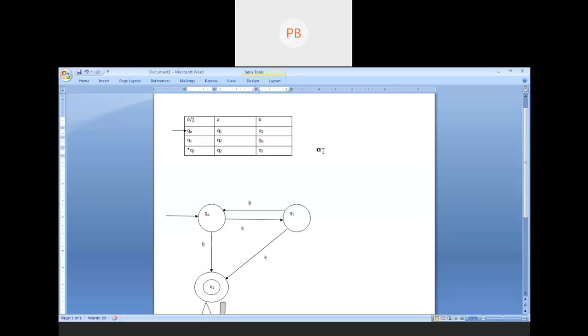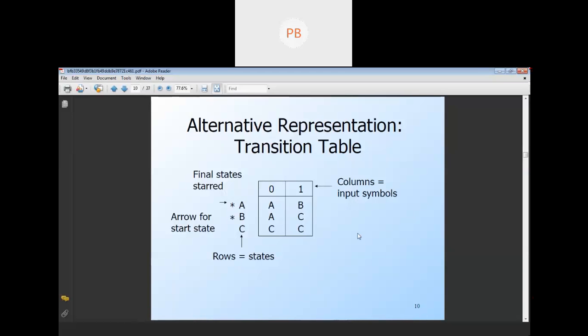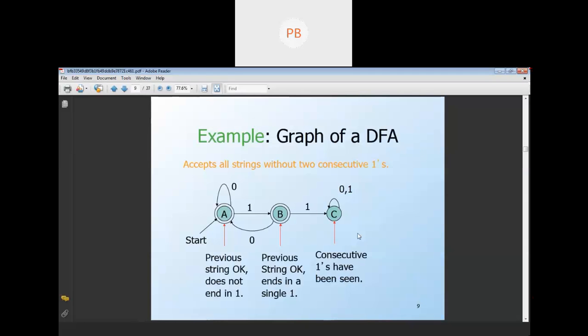Number one, transition diagrams. Number two, transition table.